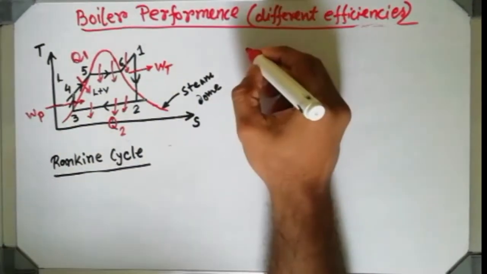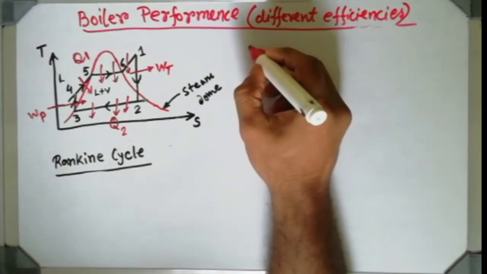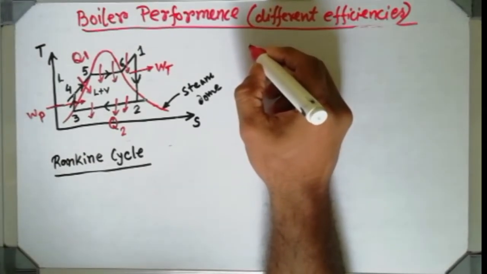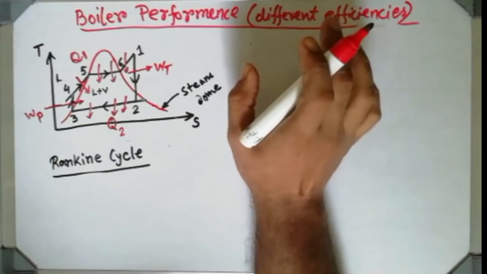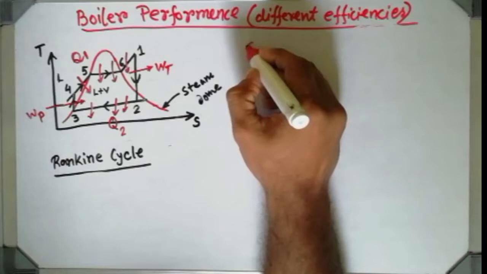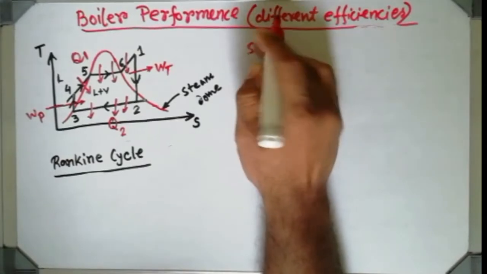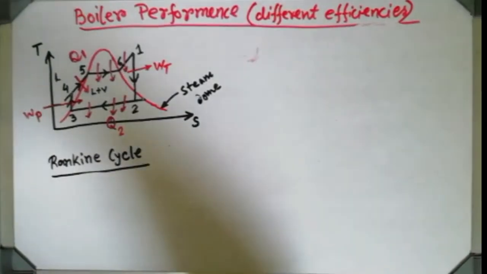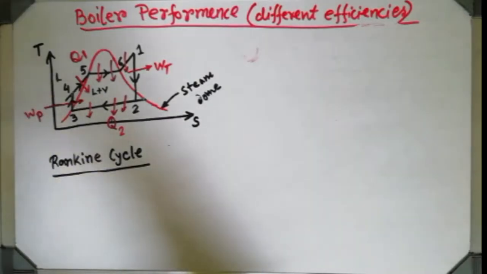Now with the application of the steady state steady flow energy equation, what is that? It is nothing but an energy equation, where we can understand steady, I am writing it in short form, steady state steady flow energy equation.